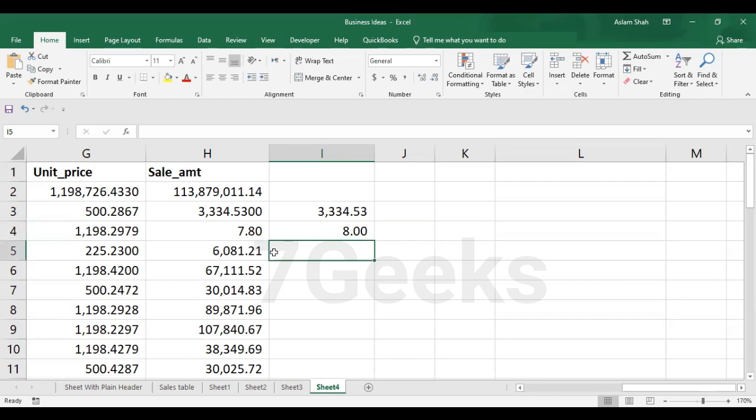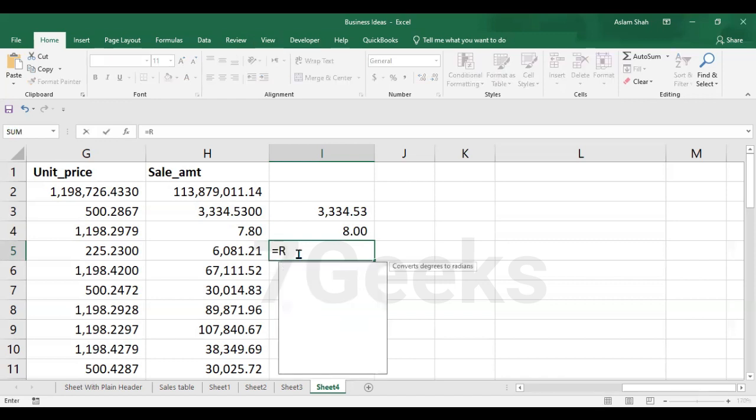Now the next one is to round to the left of the decimal point through a negative value. So how is that done? Just put the equal sign, round function. For example, suppose I have data.